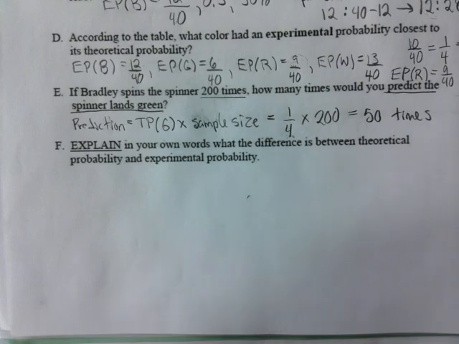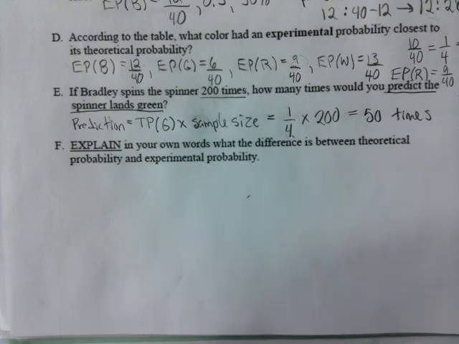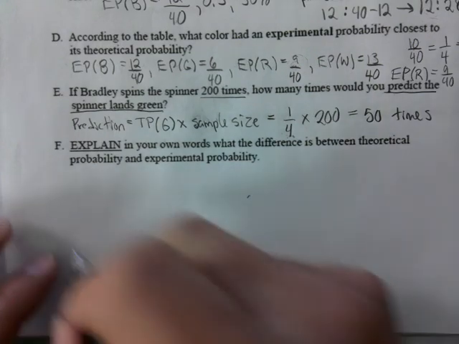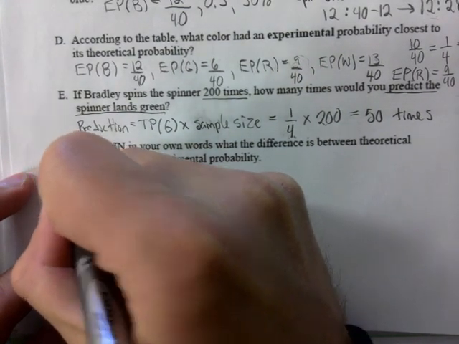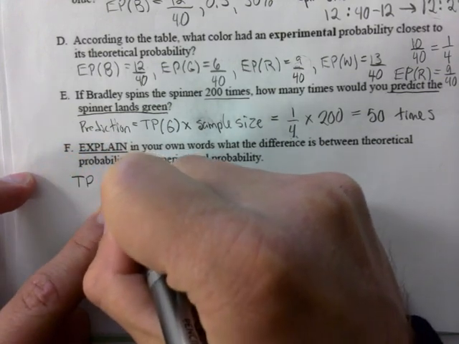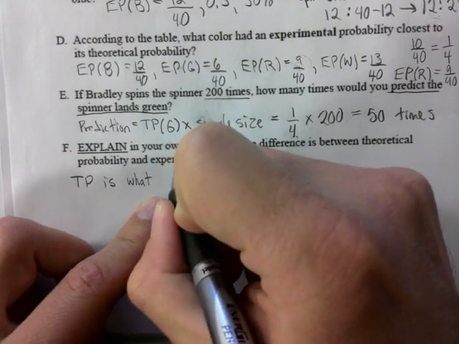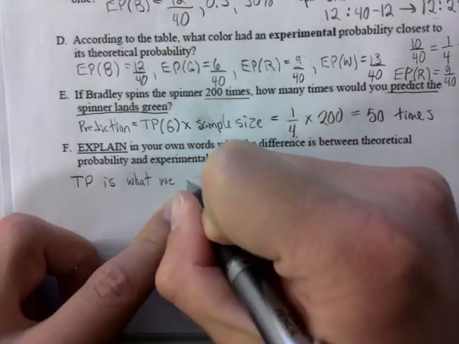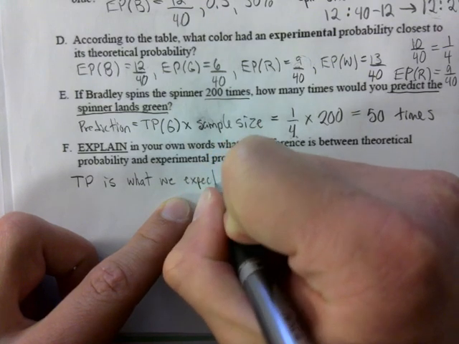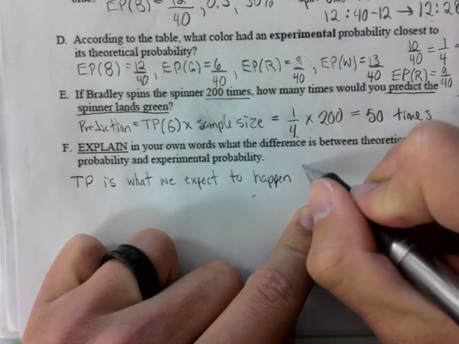Part F is an explanation question. In your own words, what is the difference between theoretical probability and experimental probability? Theoretical probability is what we expect to happen, or what should happen.